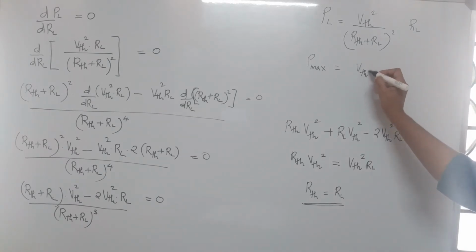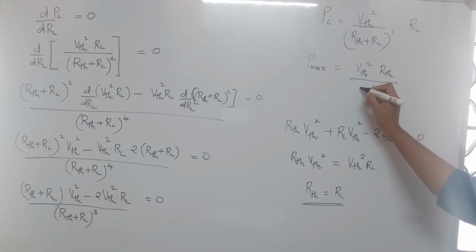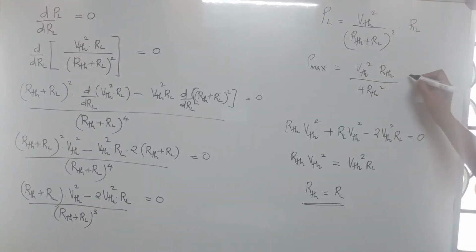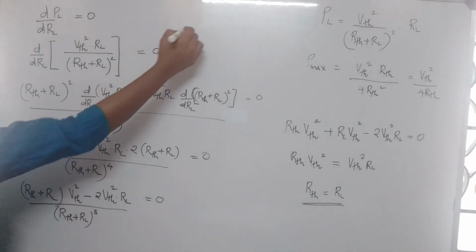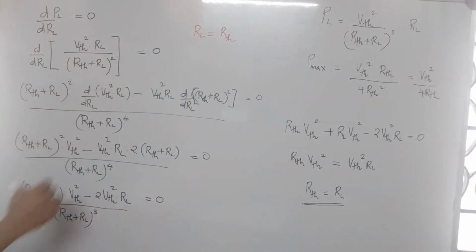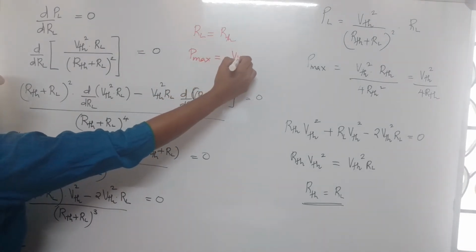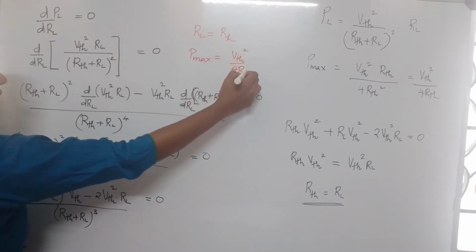So it will be VTH squared into RTH divided by 4 RTH squared, or Pmax will be equal to VTH squared by 4 RTH. So those two equations we should know. For maximum power transfer, the value of RL should be equal to RTH, and also maximum power transferred is equal to VTH squared by 4 RTH.